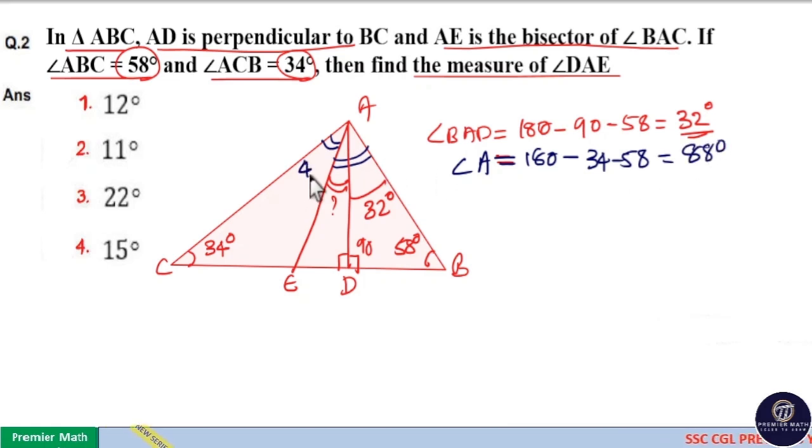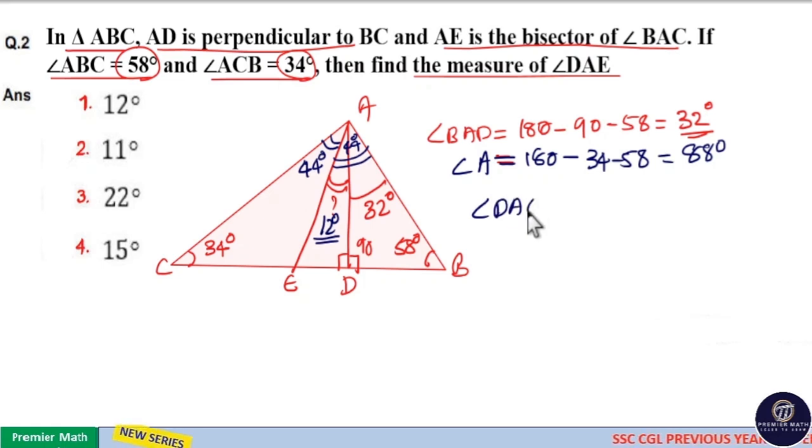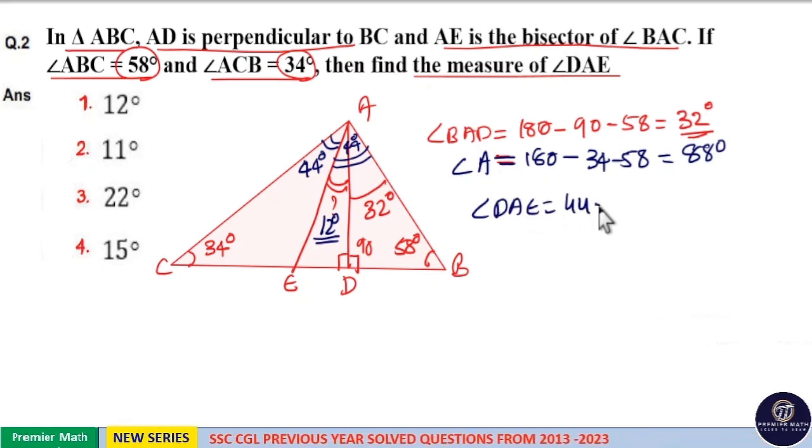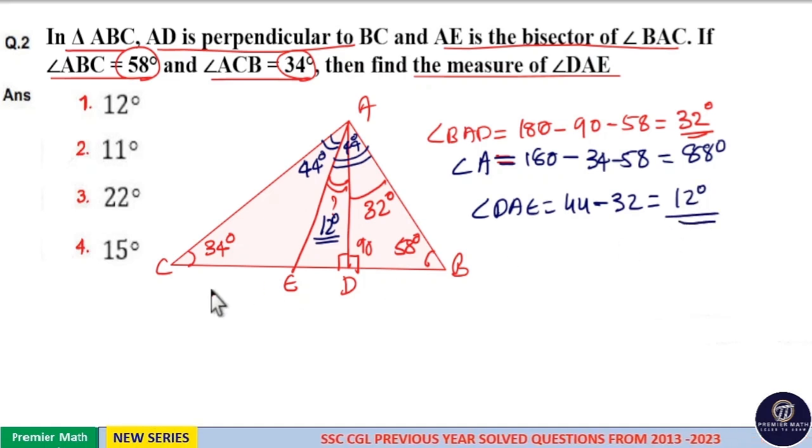Which means this angle is 44 degree and this one is 44 degree. Then if this is 44 and this is 32, then this one is equal to 44 minus 32, which is equal to 12 degree. So angle DAE is equal to 44 minus 32, which is equal to 12 degree. So option 1 is your answer.